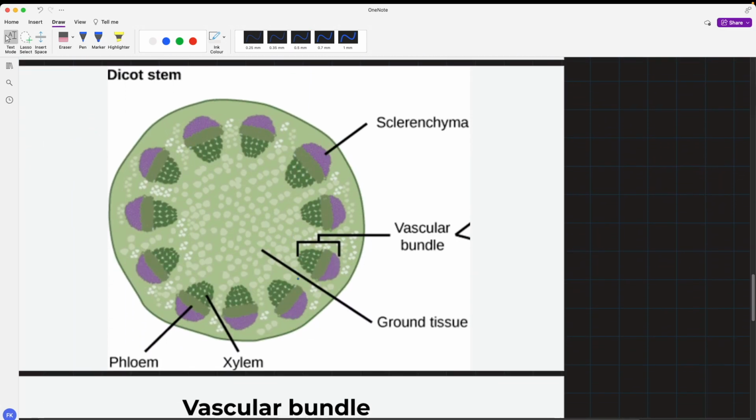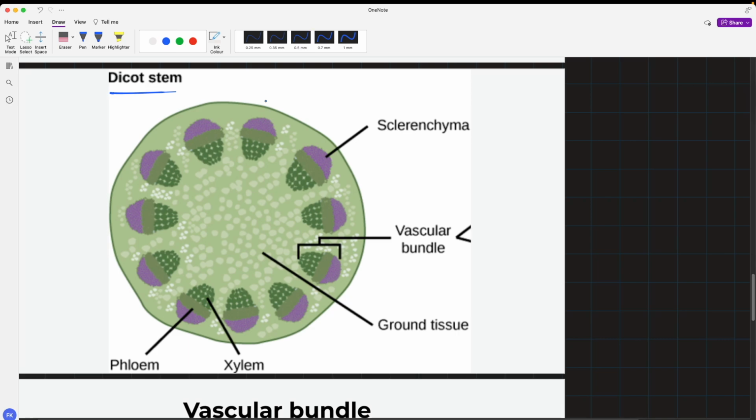Now let's look at a diagram of a stem. Where do the xylem vessels lie? As you can see, the xylem and phloem together are called the vascular bundle. In the stem, you can see the xylem vessels are at the front and the phloem is over here, right?